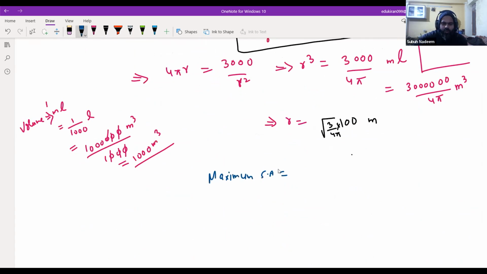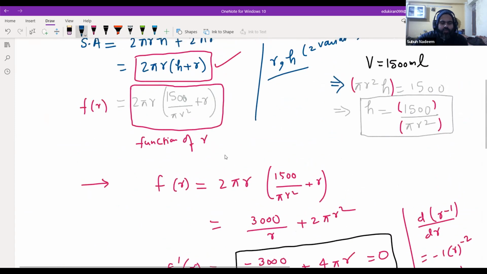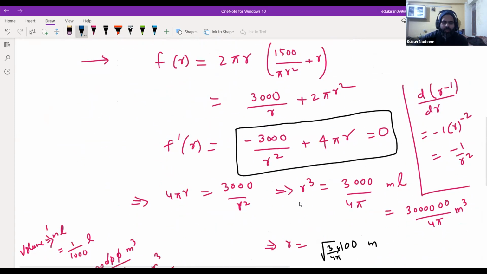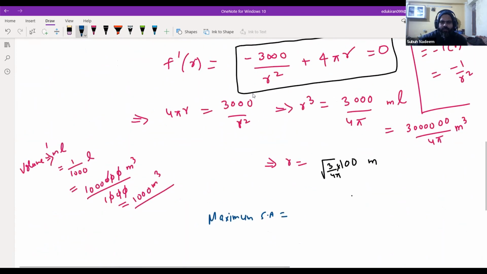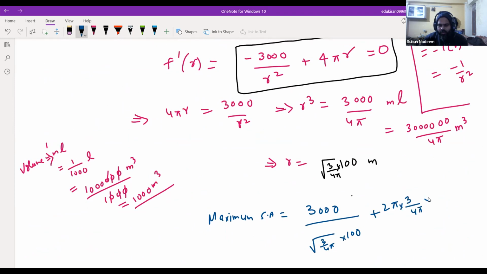as you see in the formula, it is 2 pi. This was the formula of the surface area when we simplified it: 3000 by r plus 2 pi r square. So it will be root over 3 by 4 pi into 100 plus 2 pi r square, which will be 3 by 4 pi into 10000.